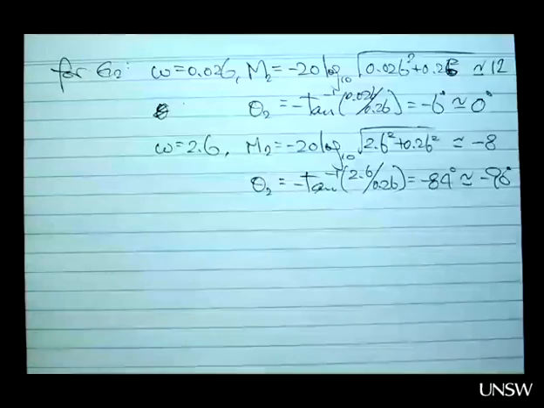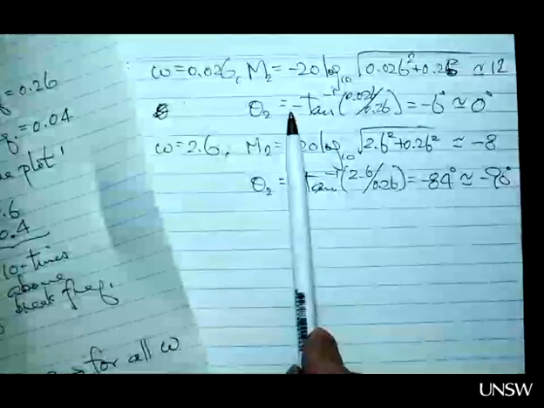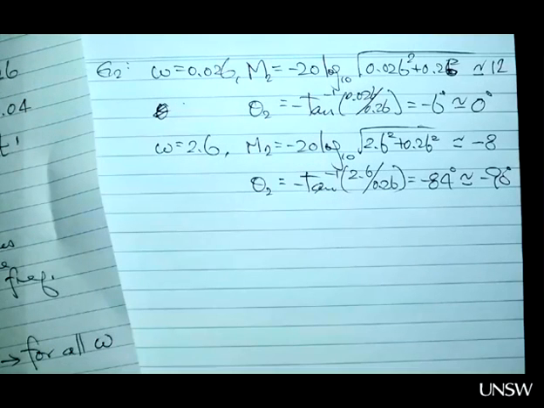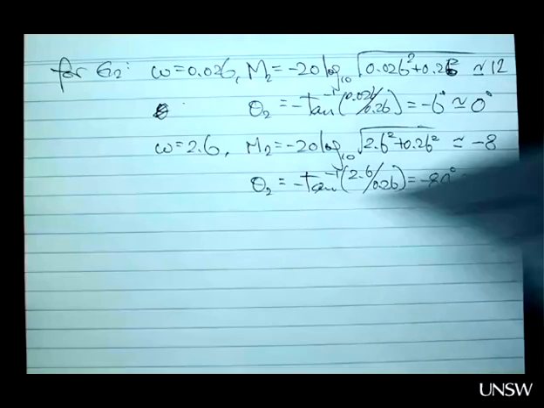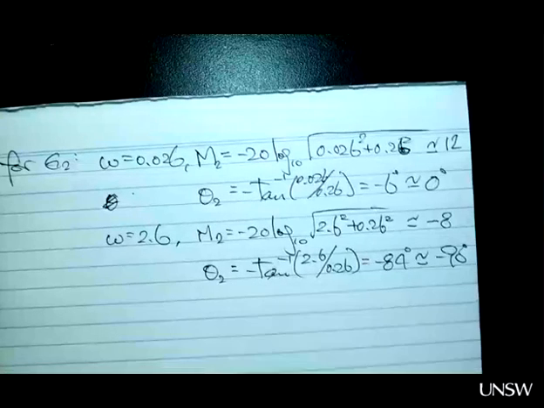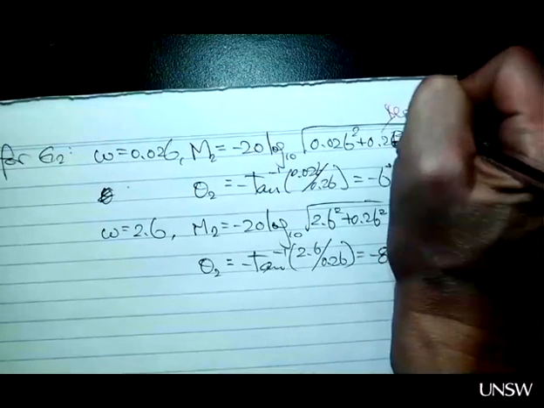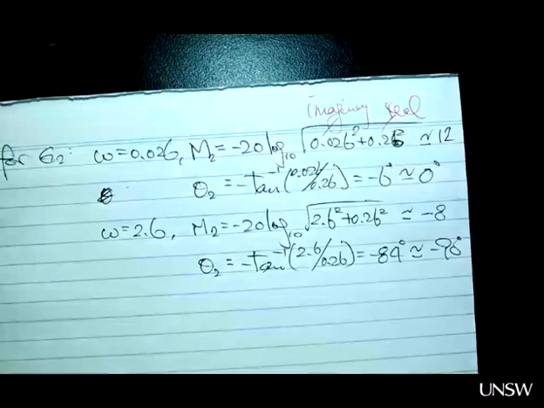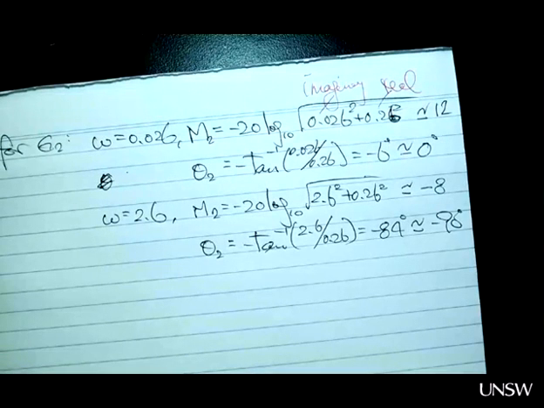For how are you finding, sorry, go on. Continue your question. Sorry, my question is, how are you finding what's under the root side? Oh, what is under the root is the real part. This is the imaginary part. Remember the magnitude of a complex number. The imaginary comes from here, omega.